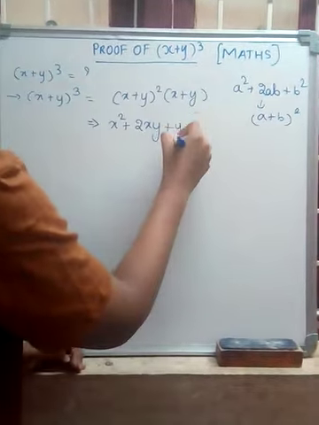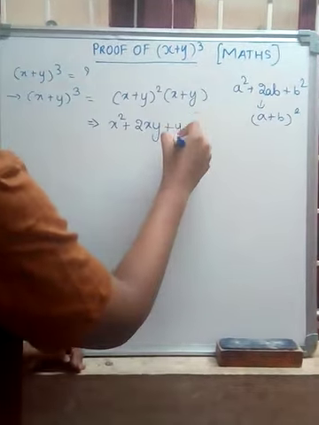(x plus y) whole square we can write as x square plus 2xy plus y square. Again, as it is (x plus y) here, there is a multiplication. In the middle, if there is no sign, then we can think it is a multiplication. So we have to multiply x square plus 2xy plus y square with x plus y as given here.